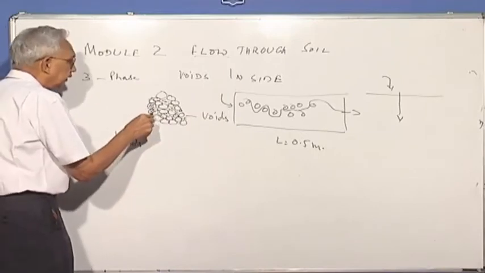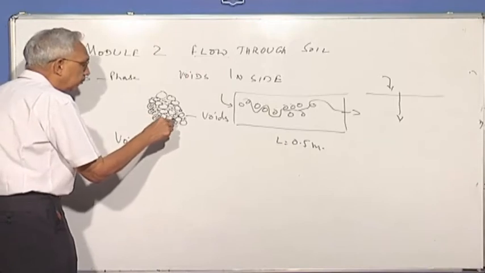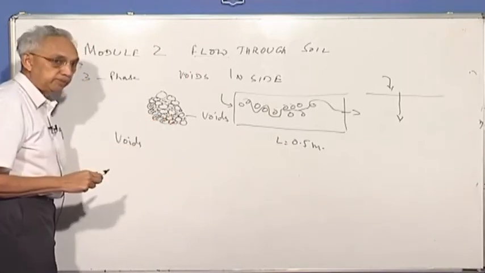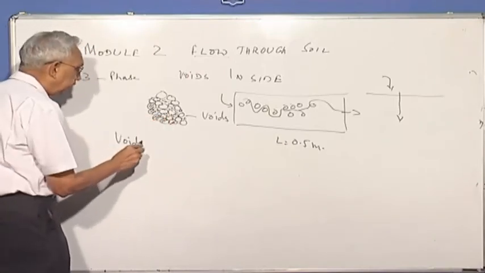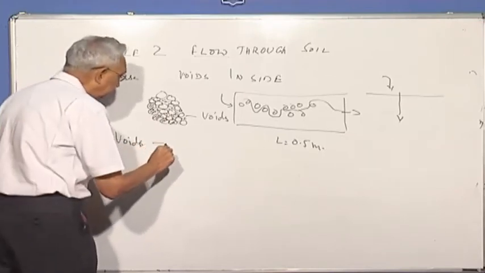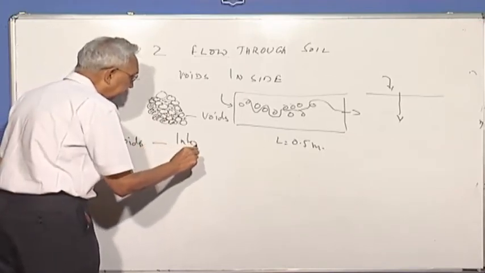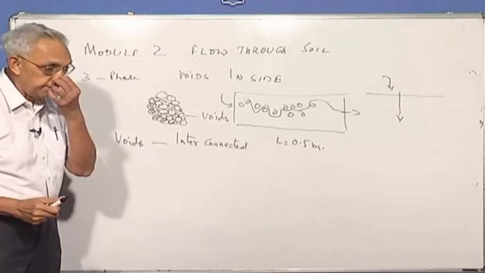Water cannot pass through these solid grains, but it can pass through the voids within the soil. So you need voids. Second thing is they are all interconnected. If I take steel, it doesn't have any voids.